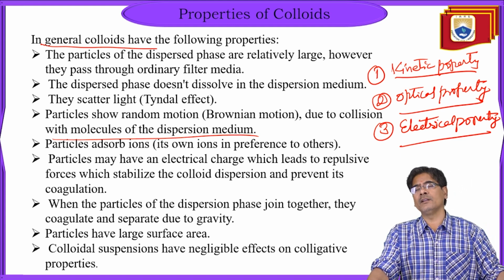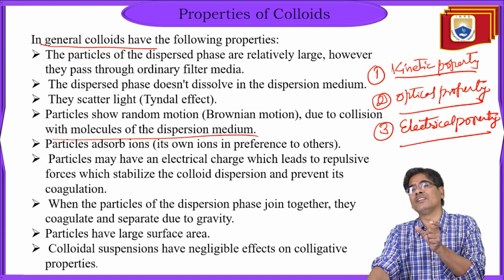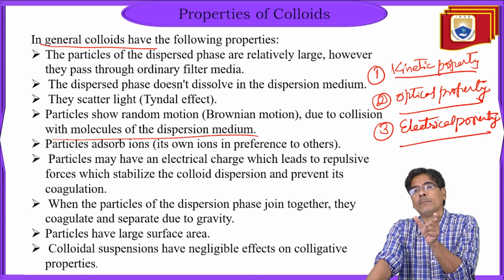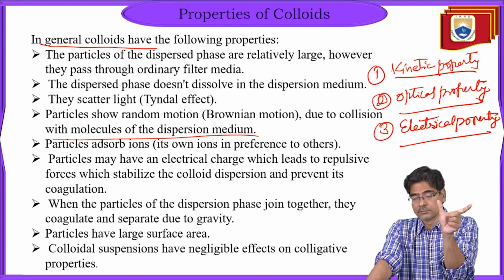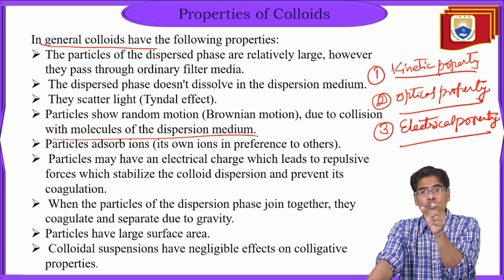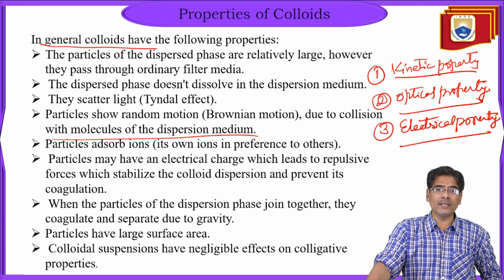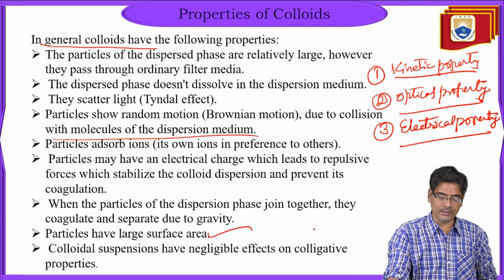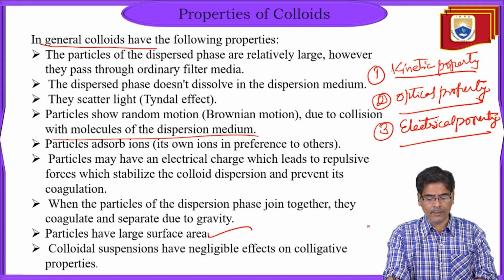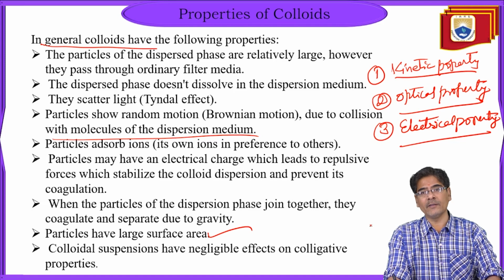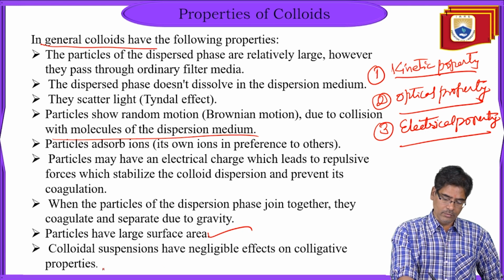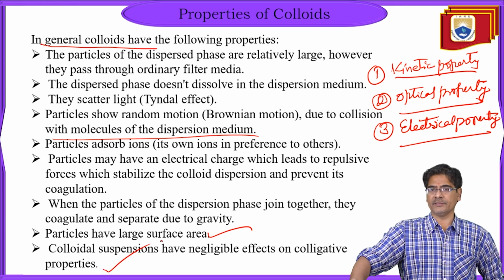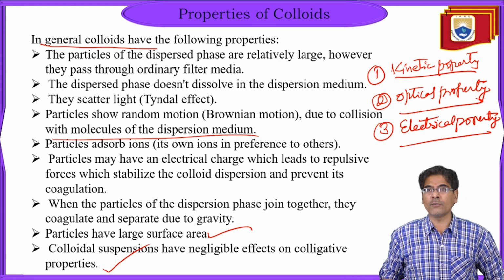When the particles of the dispersion phase join together, they coagulate and separate due to gravity. Particles have large surface area, and colloidal suspensions have negligible effect on colligative properties.